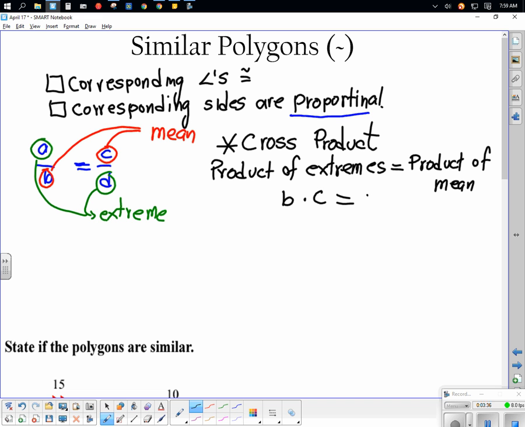So for this proportion, the extremes are A and D, and the means are B and C, so A multiplied by D equals B multiplied by C. Okay, that's what you need to know to do similar polygons.